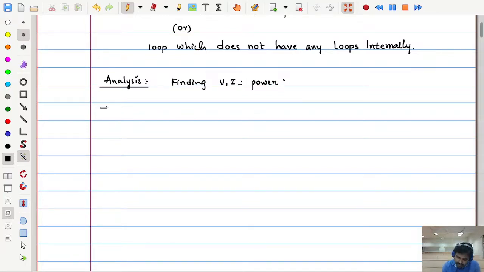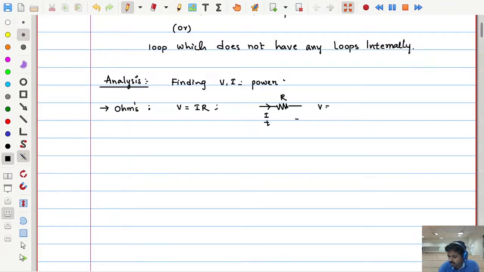Then we might have seen some of the basic laws previously, which are Ohm's law. We can express Ohm's law as V equals IR, in which if I have a resistor of resistance R and I know the current through the element, I can find the voltage, or if the voltage is known, I can find the current.